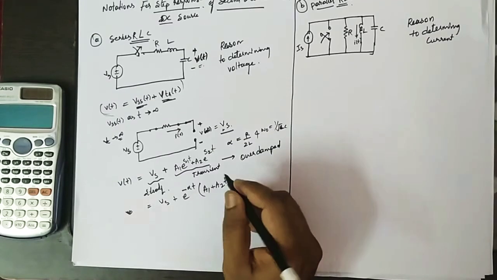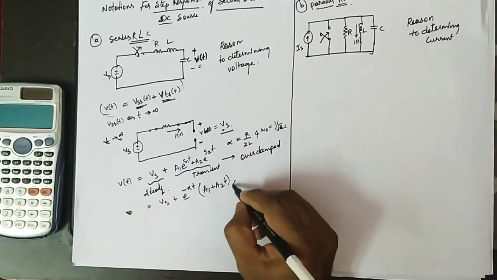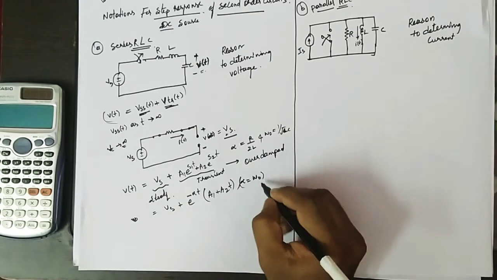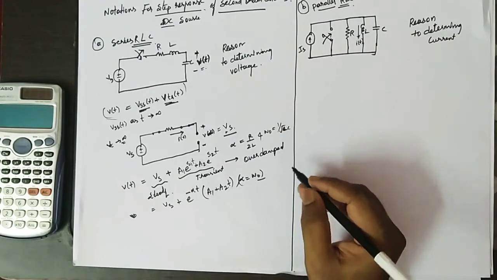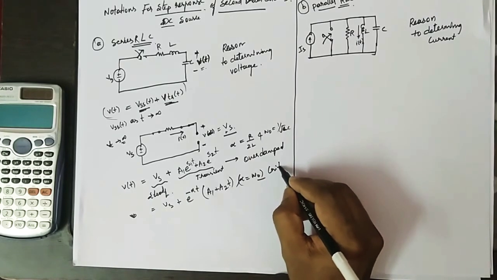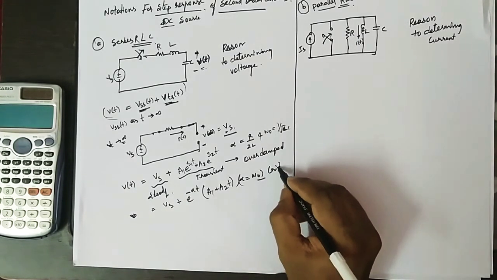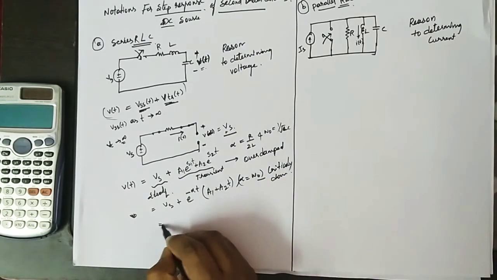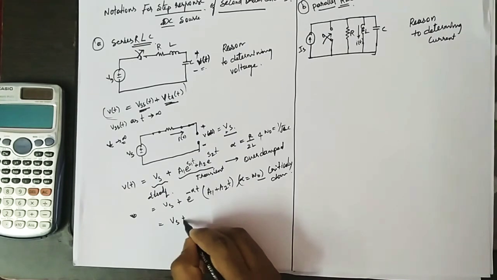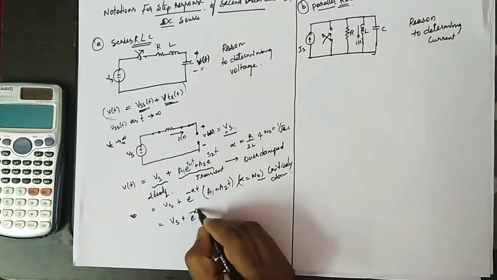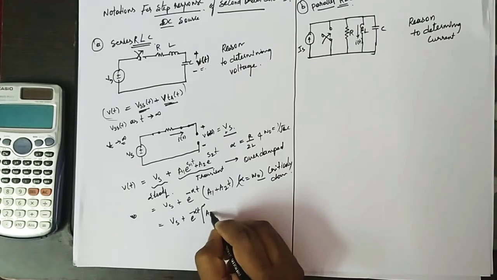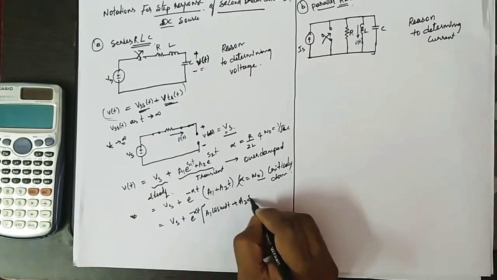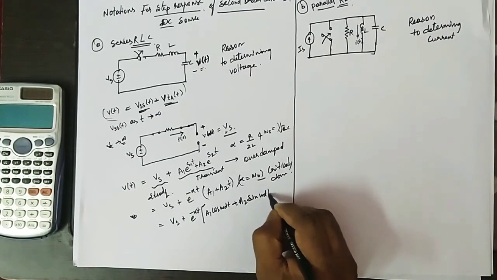So this is critically damped. And for underdamped, it becomes Vs plus e power minus alpha t of A1 cos of omega d t plus A2 sin of omega d t.